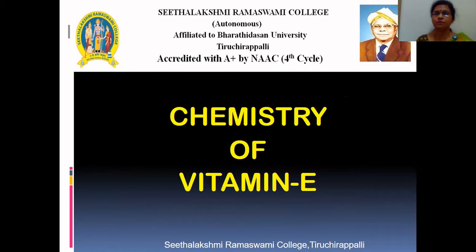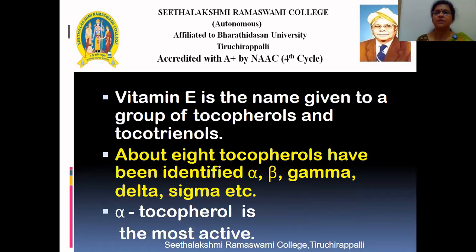Coming to the chemistry of vitamin E, vitamin E is the name given to a group of tocopherols and tocotrienols. About 8 tocopherols have been identified: alpha, beta, gamma, delta, sigma, etc. Among these, alpha tocopherol is the most active.